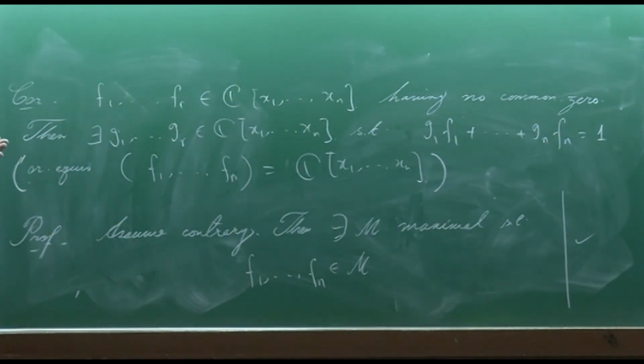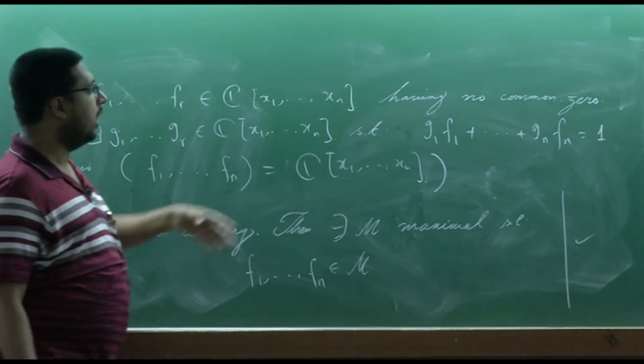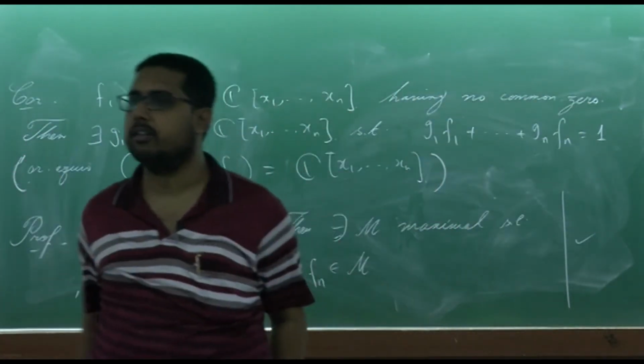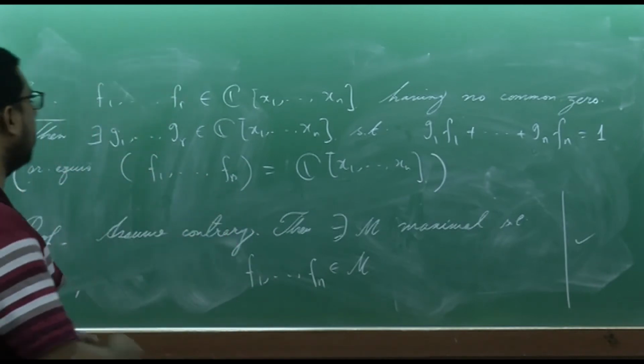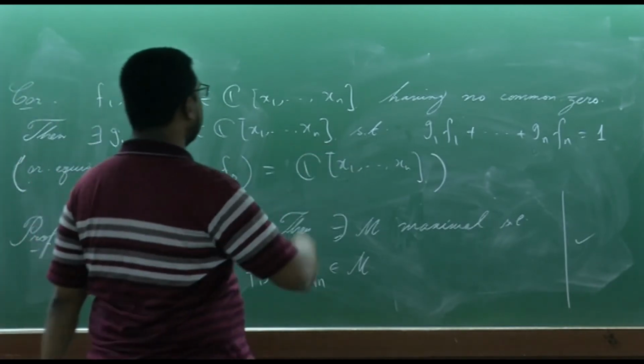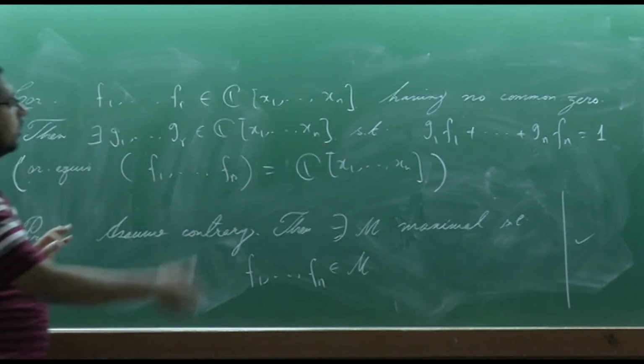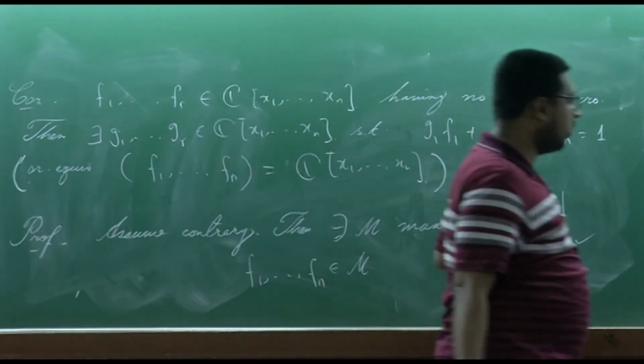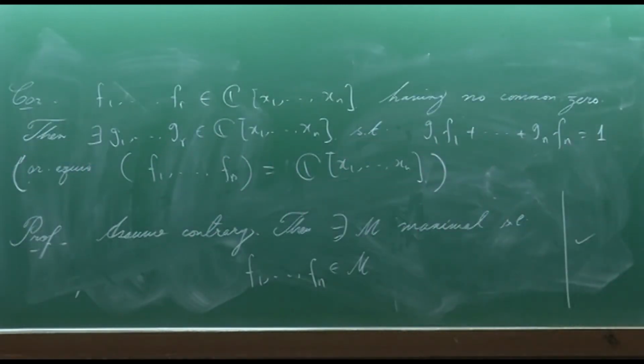So, basically given a set of polynomials, this is a very geometric property that it is not giving any non-empty variety, and from that we are concluding that the ideal is the whole of the polynomial ring. Okay. So, I think now we can stop this discussion on maximal ideals and do something else.